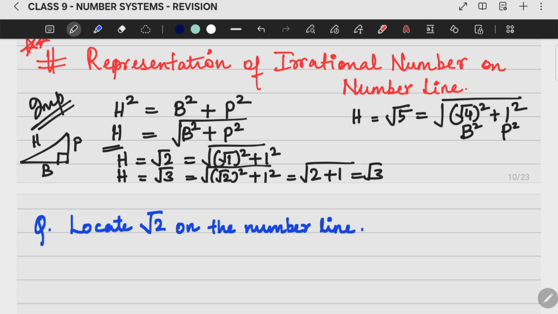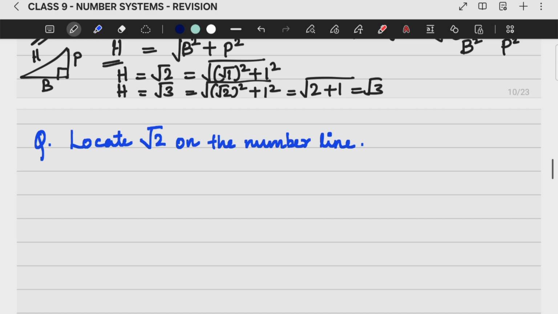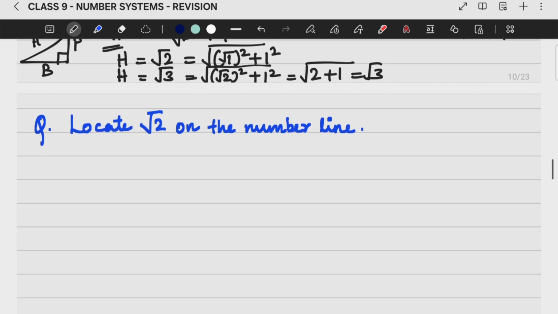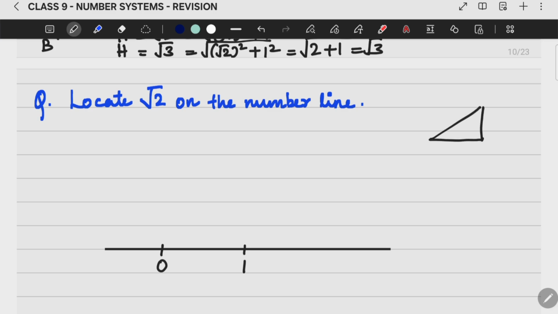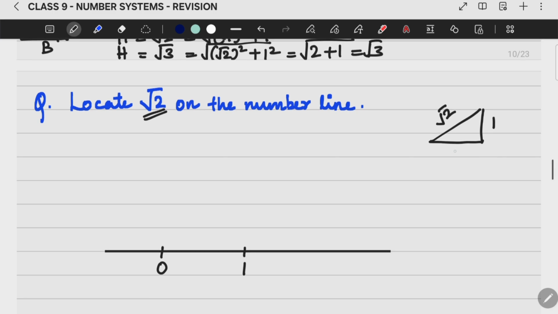This is again very important: locate root 2 on the number line. The very first thing you have to do is take your number line and mark 0 and 1. As I just told you, based on your right angle hypotenuse Pythagoras theorem, if you want square root of 2 to be your hypotenuse, then the perpendicular should be 1 and your base should also be 1.